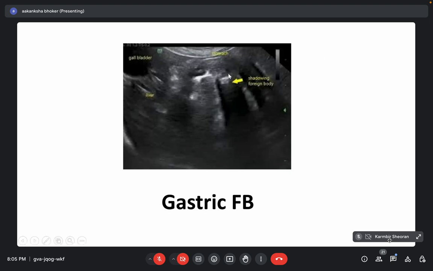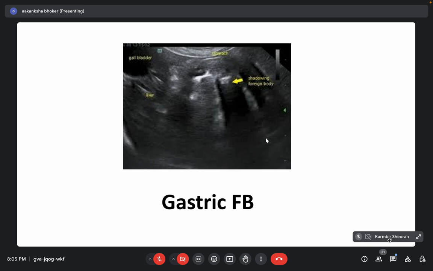Now these are some gastric foreign bodies which are casting shadow. Foreign bodies can be very tricky because it depends upon the material they are made of. Suppose it is a very hyper reflective metallic foreign body, then it can appear very bright with some distal shadows. Or there may be crazy balls, which just allow the sound waves to transmit through them, and we can see the entire boundary.